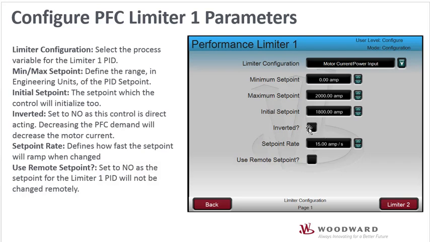So if increasing the performance demand output results in a decrease of the selected performance variable, then you're going to need to invert so that this is reverse acting control. We can set the set point rate, and then limiter 1 is available to be configured with a remote analog input. So the DCS can actually set what the set point is once the unit is up and running via that analog input.